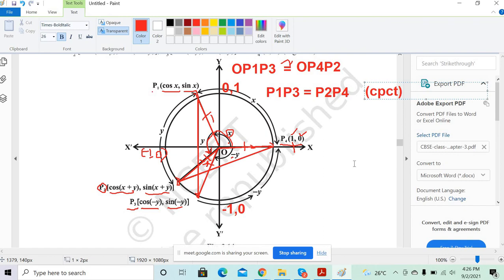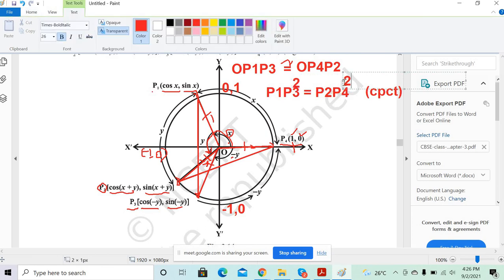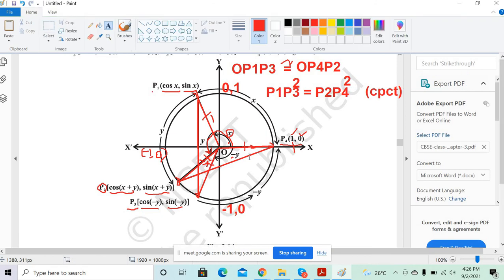Now you can square both sides. Then you can just apply the distance formula and prove it. It will be the same. The distance formula for P1 P3: P1 is here, P3 is here.